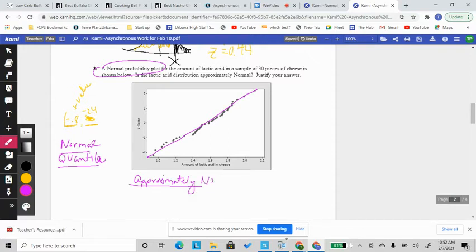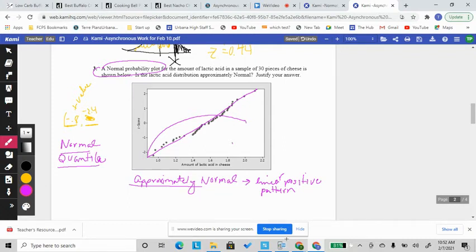You say approximately normal because it has a positive slope and it's in a linear pattern. That's good enough. You want it to look like this when you sketch it. If it looks like this when you sketch it, that is not linear. That's all you need to know about these normal probability plots.